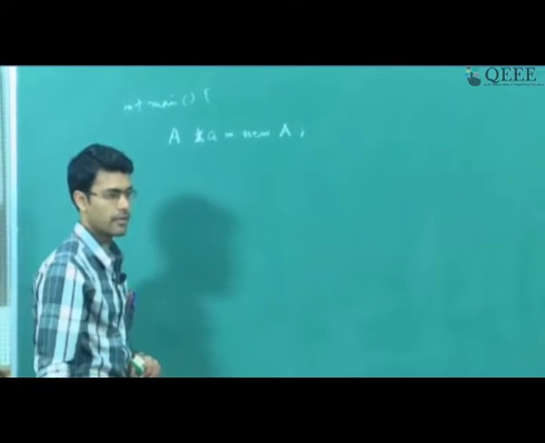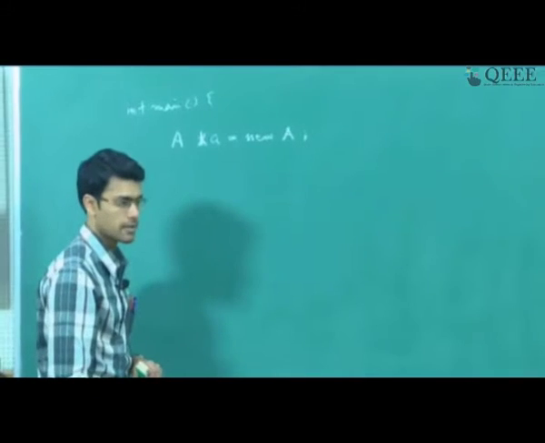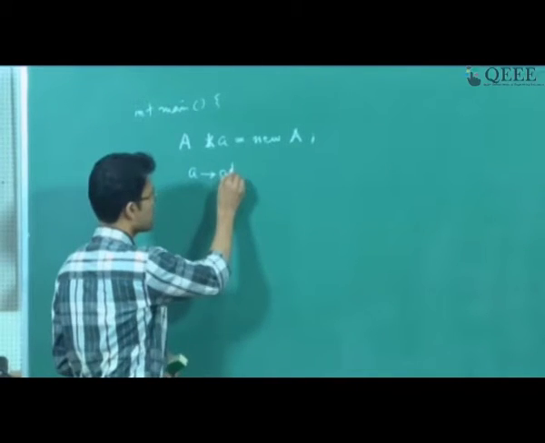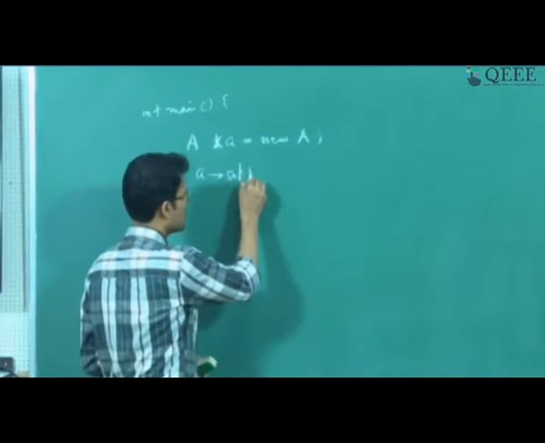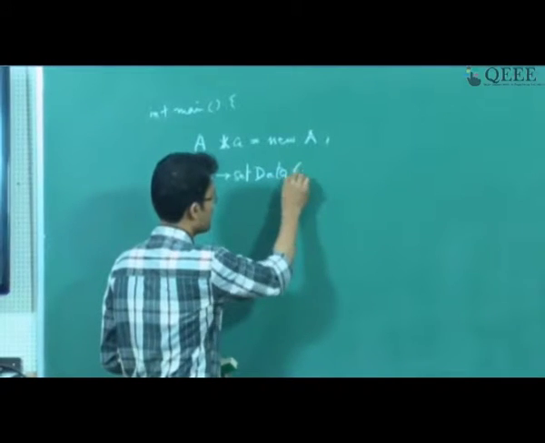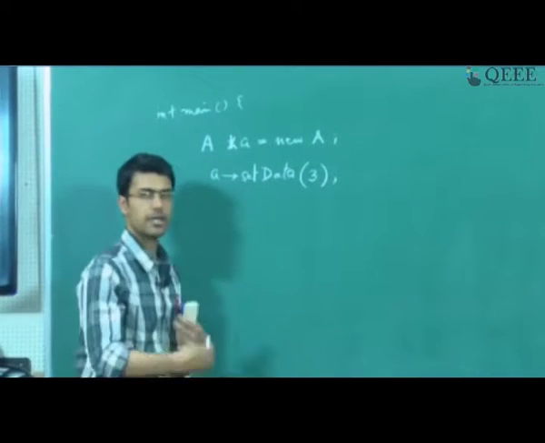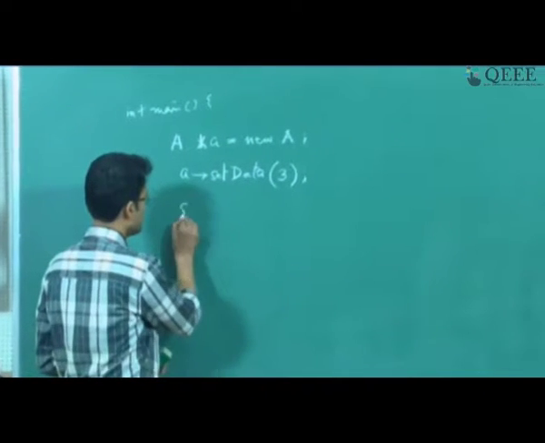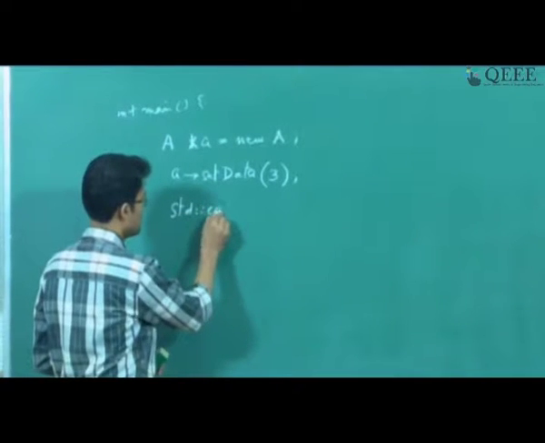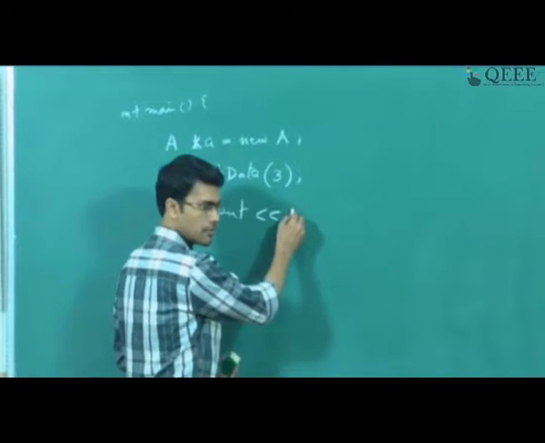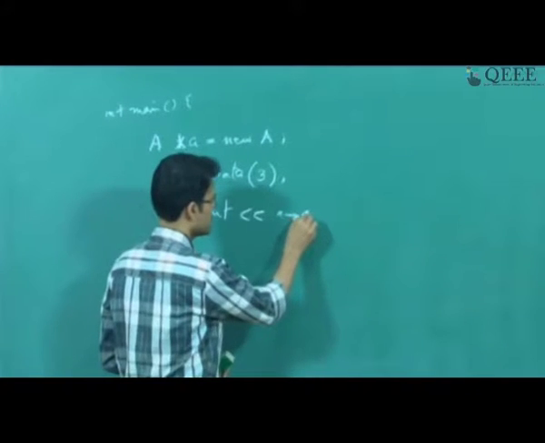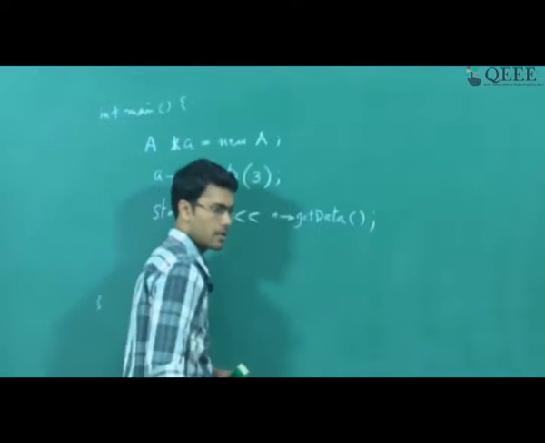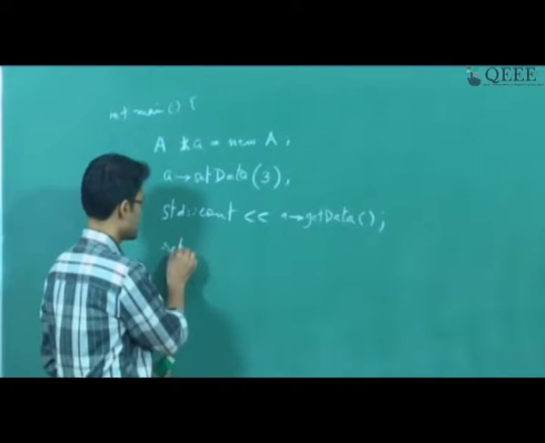In our case we don't have any arguments to the constructor, so there is a default constructor that we are using, and then A arrow set data. There is a member function that we are using, which assigns the value 3 to one of the members of this class, and then I am printing something and returning 0.